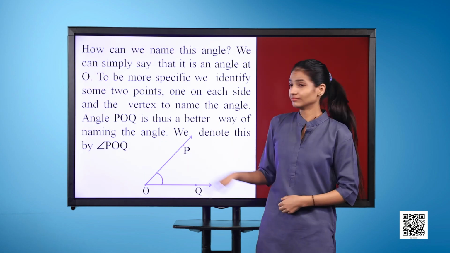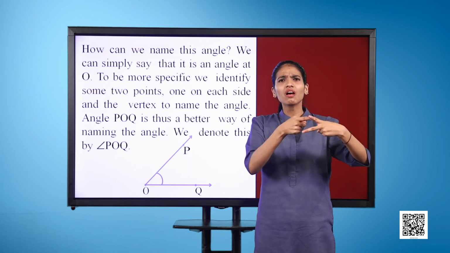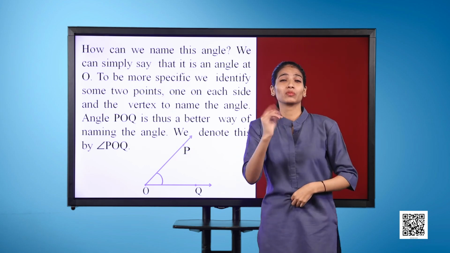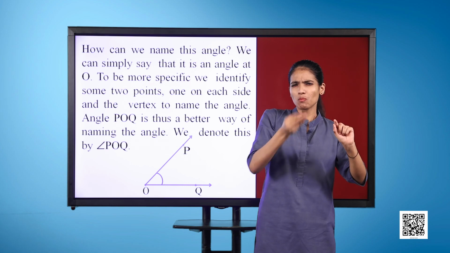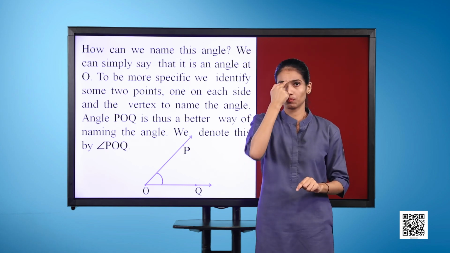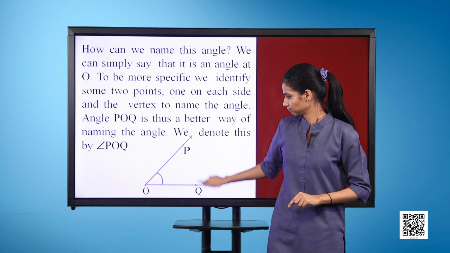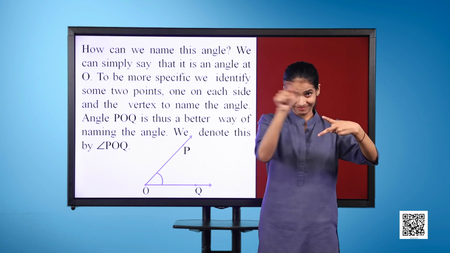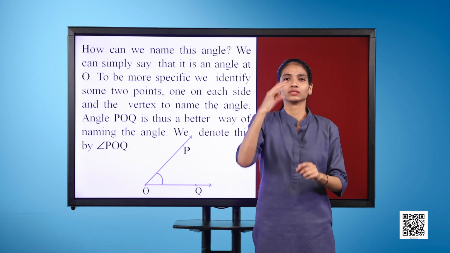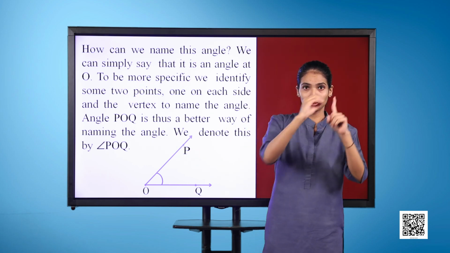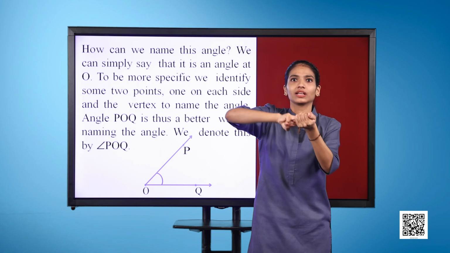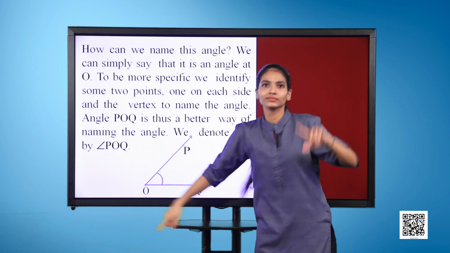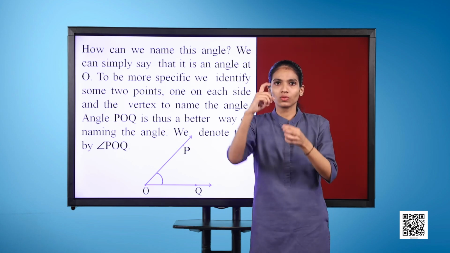How can we name this angle? We can simply say that it is an angle at O. To be more specific, we identify 2 points, one on each side, and the vertex to name the angle. Angle POQ is thus a better way of naming the angle. We denote this by the sign of the angle POQ.